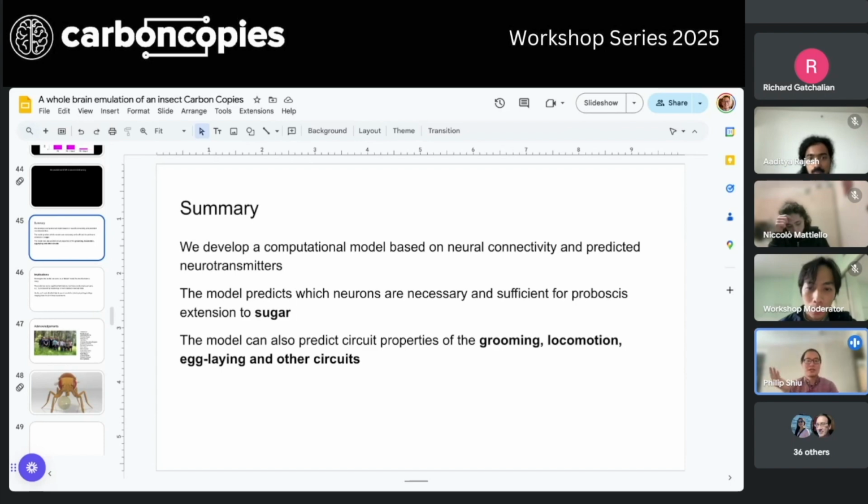Part of the thing that we ran into doing this was that this is the first time we've had a Drosophila connectome, and there hasn't been a good quantitative way to think about how neural connectivity would cause activation.